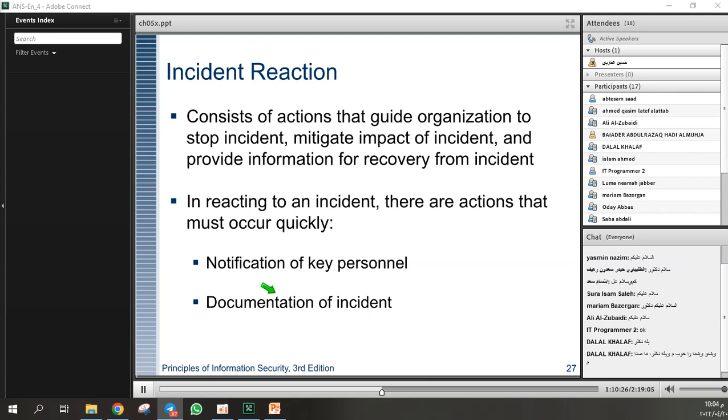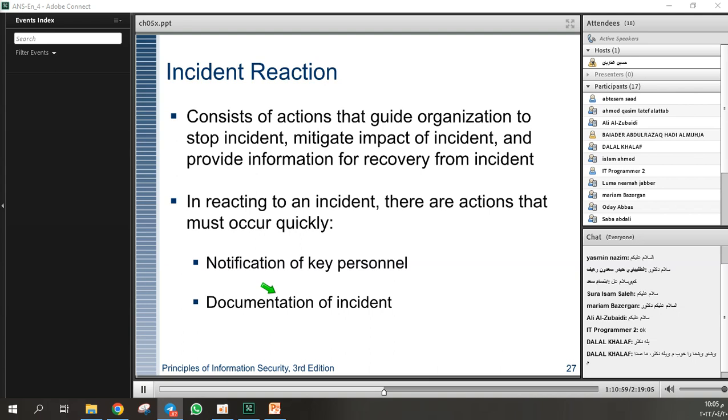After an incident happened, I should document it. Why did this incident happen? What was the result? What did we do? What did we do for recovering? We should document everything. This document can help us during the review of security policies.